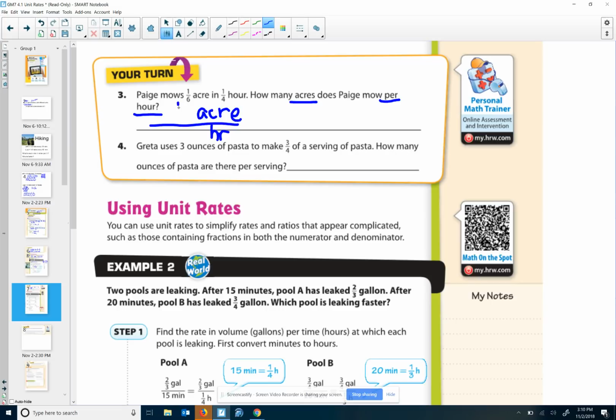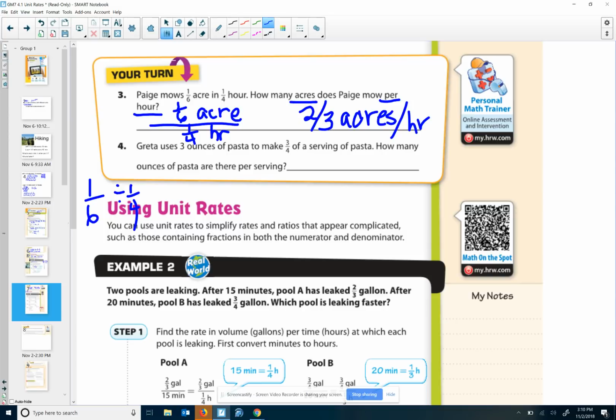Now, 1/6 of an acre, put that in your numerator. 1/4 of an hour, that's your denominator. Math-wise, you're being asked to take 1/6 divided by 1/4. 1/6 divided by 1/4 ends up being 1/6 times 4/1. You should get something like 2/3. And you have to label this with both of these, acres per hour. Or as a decimal, that's 0.6 repeating.